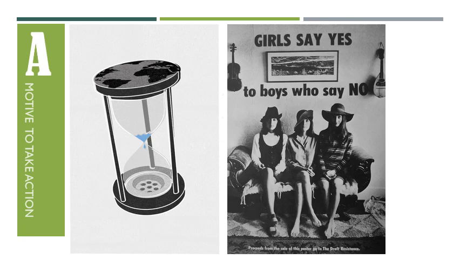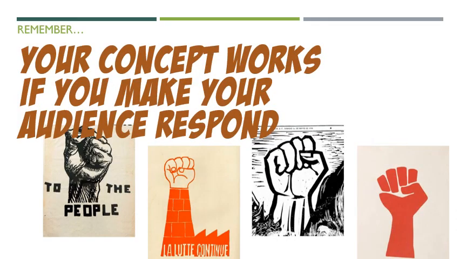So, you know, sex sells. We're using some implied sexuality to suggest that if you want to get the girl, you should say no to the draft. All right. So remember, your concept works if you make your audience respond.